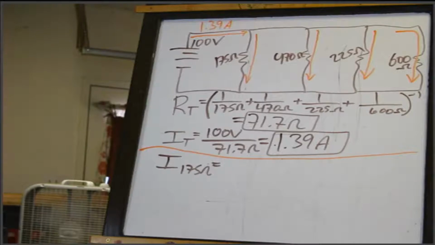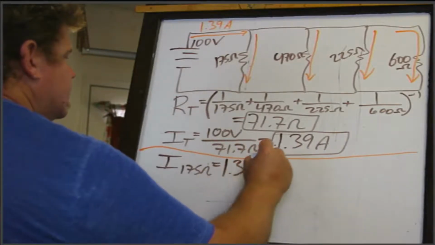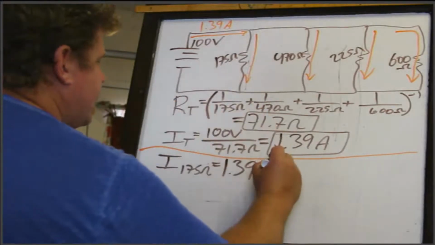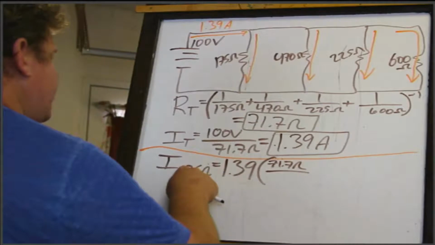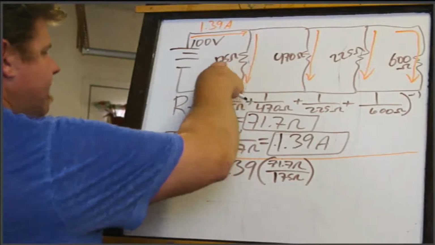Should be good now. If I was going to do current division for this, I would start with the total current times the ratio of the total resistance, which was 71.7, to the individual resistance of 175. And because this is the small one, I expect that this will have the largest current.